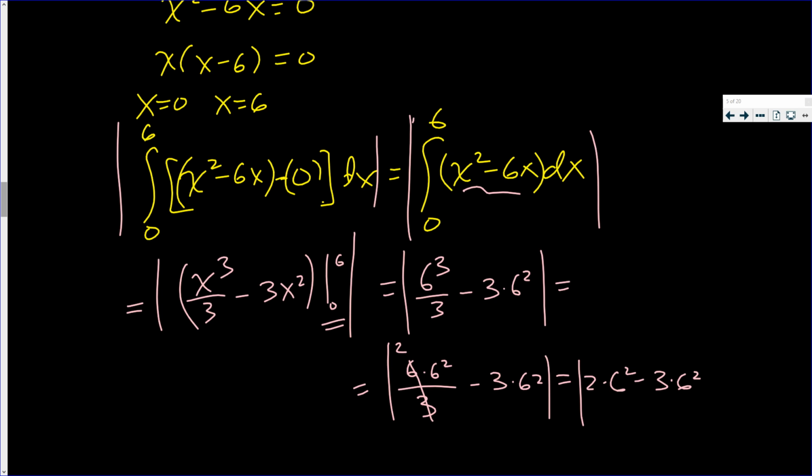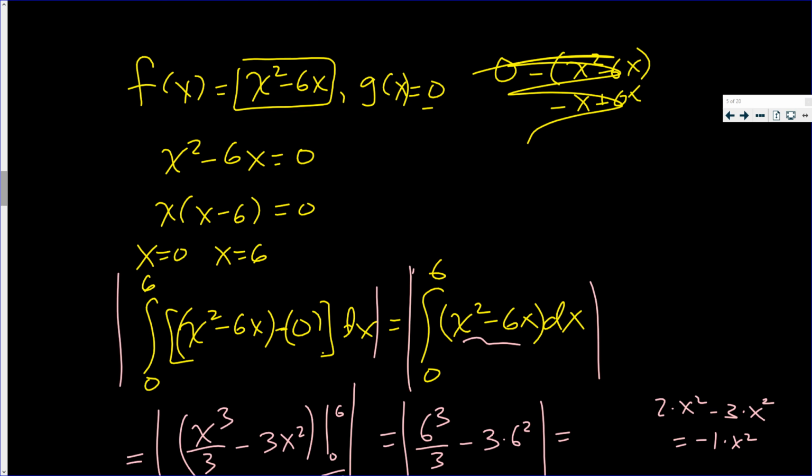Let's see if I can convince ourselves of that. Well, this graph equals 0 at 0 and 6. And it is a positive x squared. So it's going to go this way as opposed to being upside down. And absolutely, look at this.